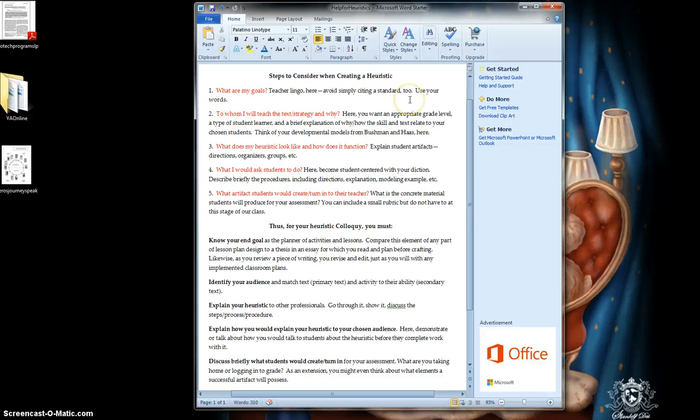To whom will you teach the text strategy? So the text and the strategy, and why. Again, you want an appropriate grade level, type of student learner, and a brief explanation of why or how the skill and text relate to your chosen students. Think about my first example. I isolated 8th grade Gen Ed with inclusion students.